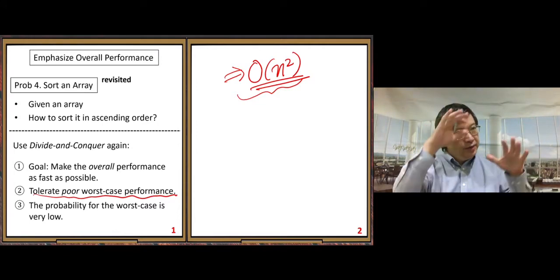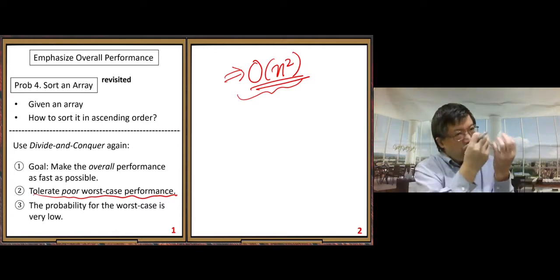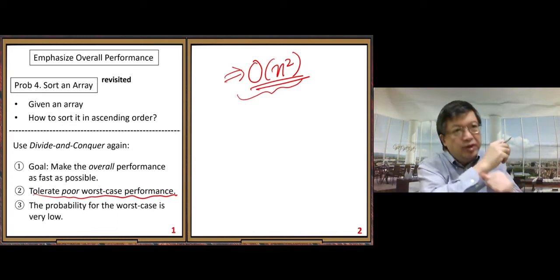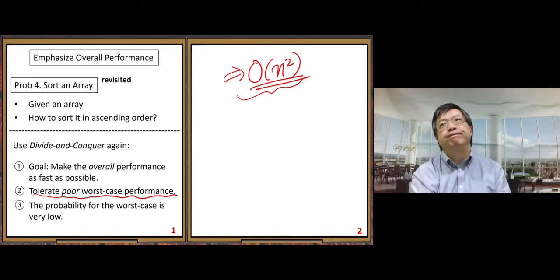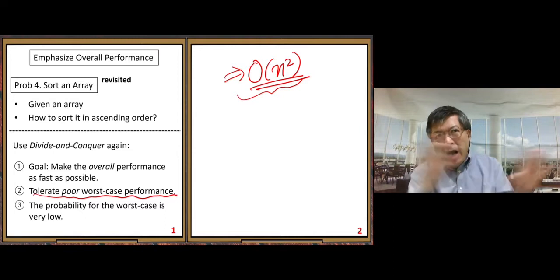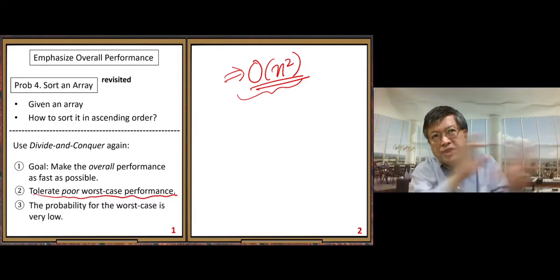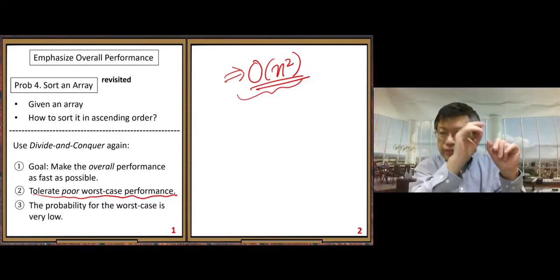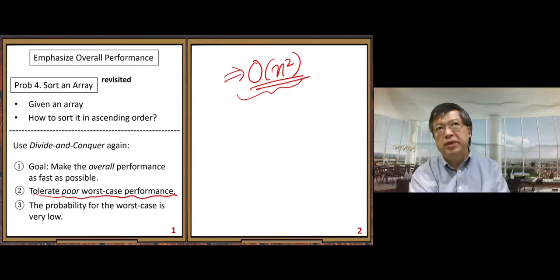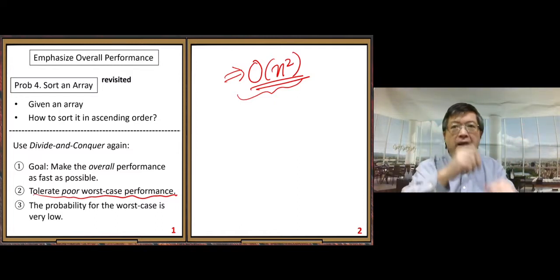The percentage is extremely small. When you run 1 million times, less than 1% of the time you may get a worst case. That probability is very low, so we can tolerate that.